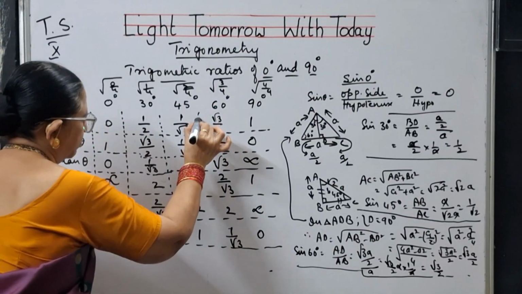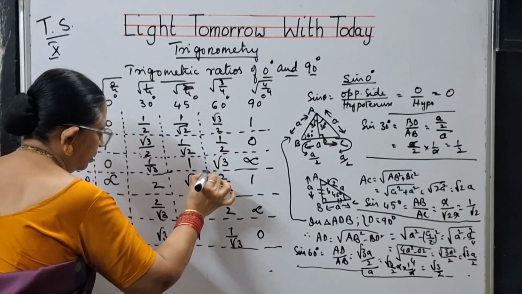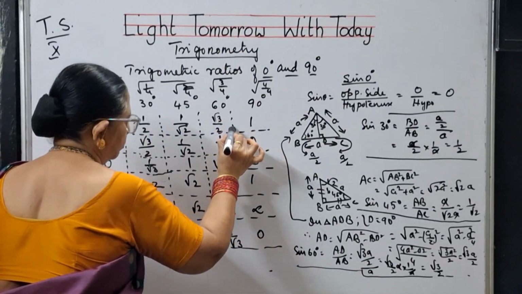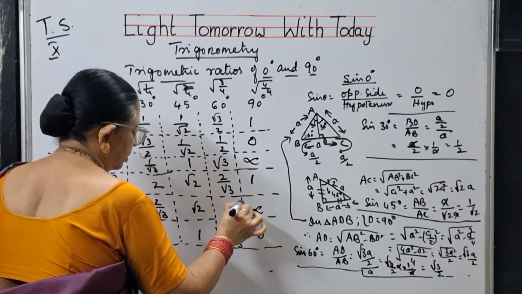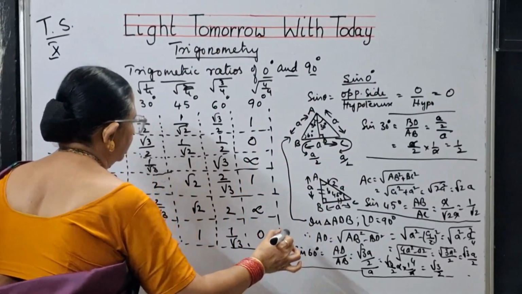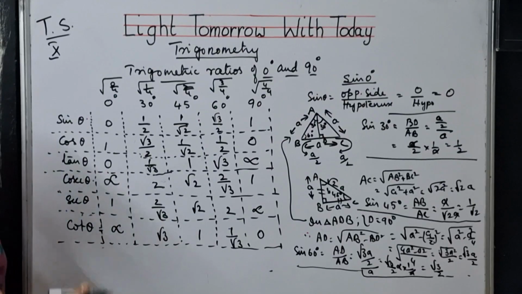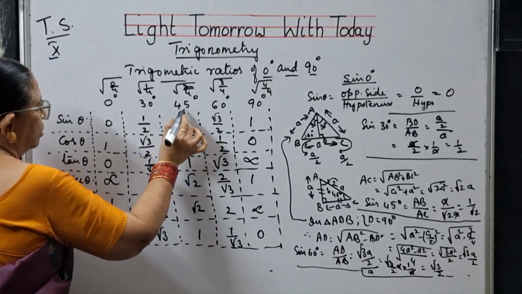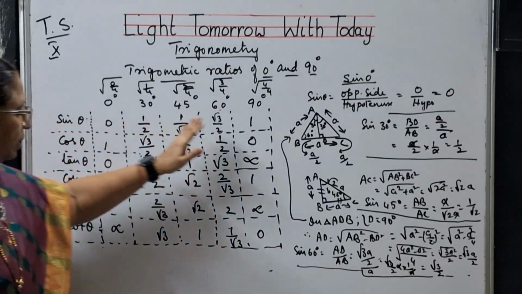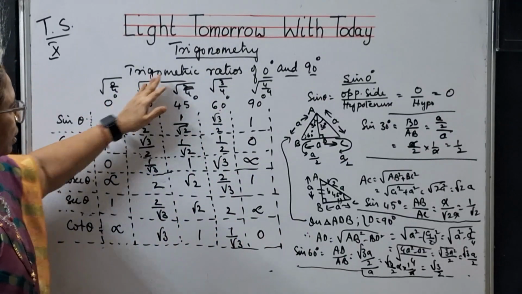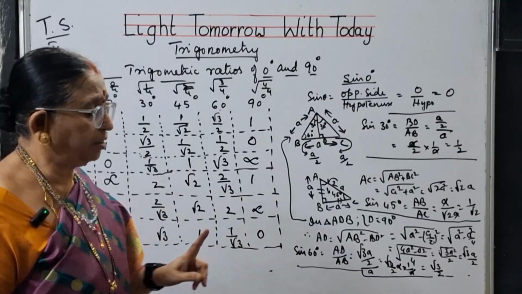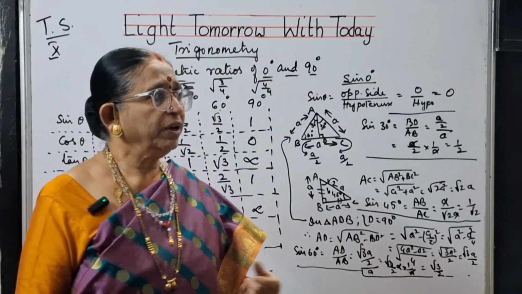So just I am drawing broken lines, children, to have a small idea about these values, how you have written. Sine 60, this is 90 degrees. So 0 degrees, 30 degrees, 45 degrees, 60 degrees, and 90 degrees values are this, children. This is called trigonometric table, and this table is very essential to do the sums hereafter.